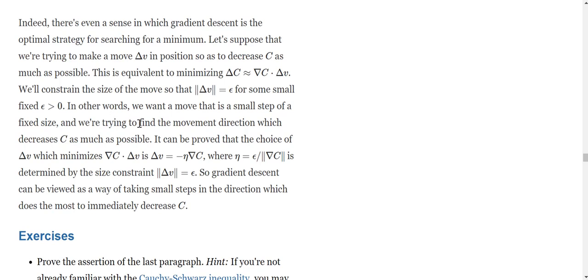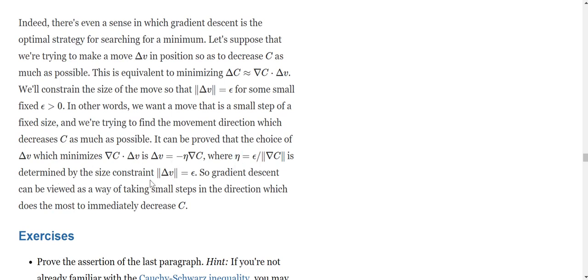It can be proved that the choice of delta v which minimizes the gradient of c dot delta v is this, where eta is the constant epsilon divided by the norm of the gradient of c, and it is determined by the size constraint. The norm of delta v is epsilon.